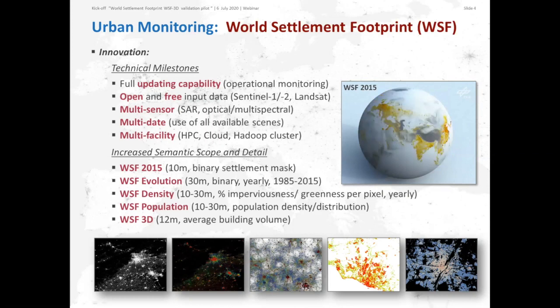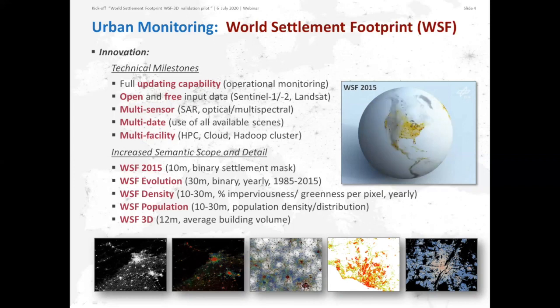Also, we extended the thematic scope of the product. So it's not just anymore, as it was in the Global Urban Footprint, a binary mask, which just gives you build-up, non-build-up. But now you see we have this version as well, of course, we call it WSF 2015. So it's an update for the year 2015. But currently, we are also already working on an update for 2019.